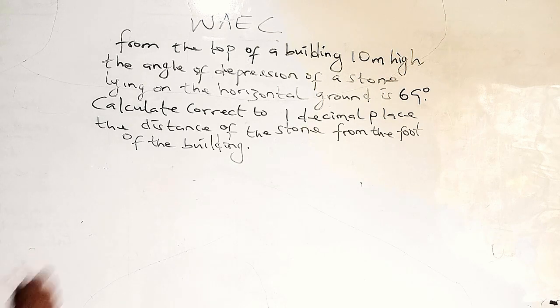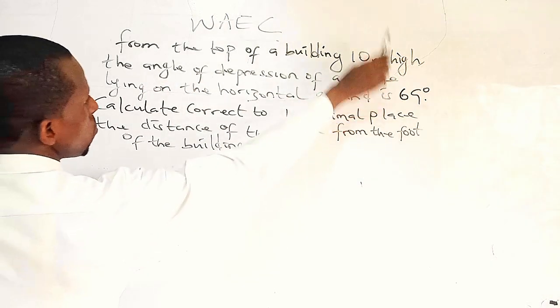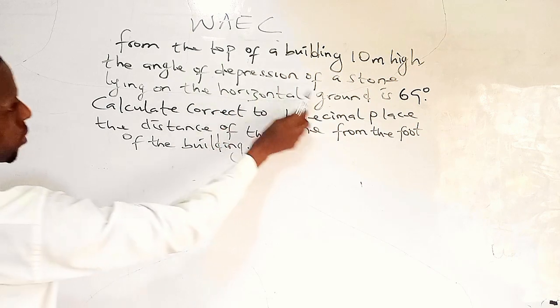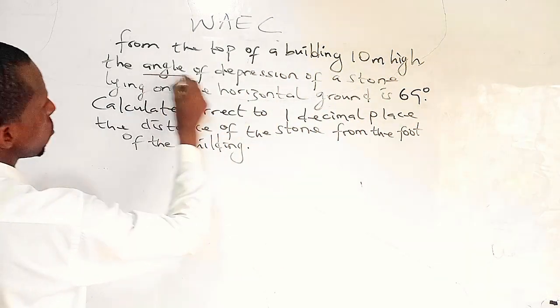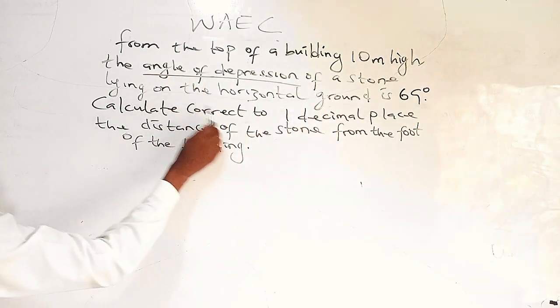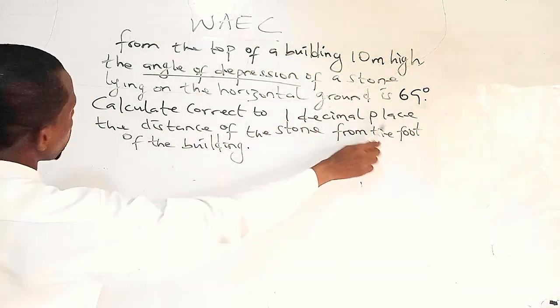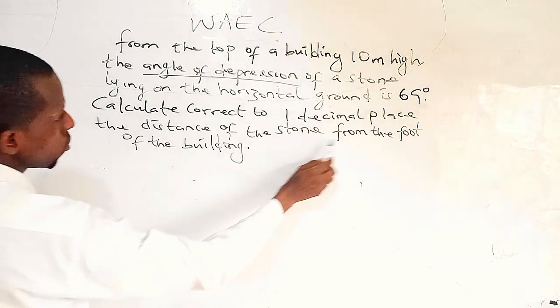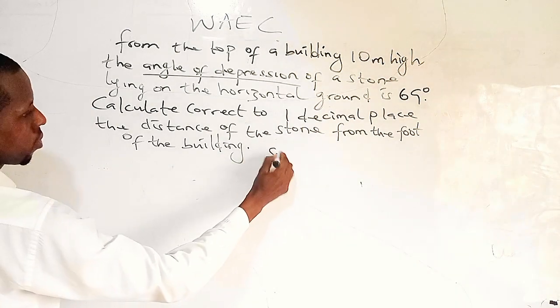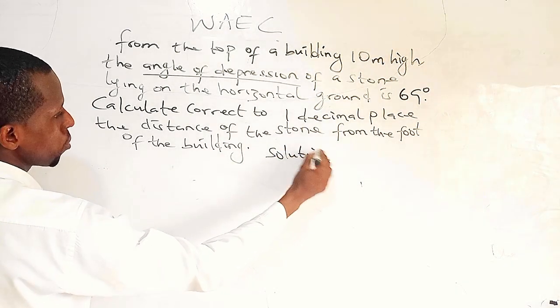The question says, from the top of a building 10 meters high, the angle of depression of a stone lying on the horizontal ground is 69 degrees. Calculate, correct to one decimal place, the distance of the stone from the foot of the building. Solution. This is very simple.